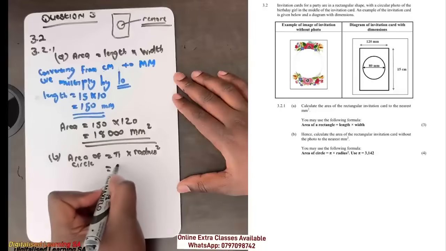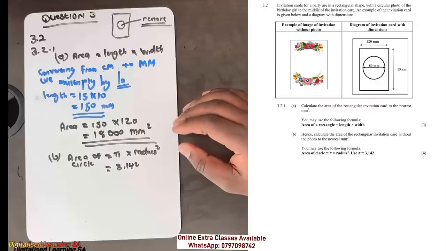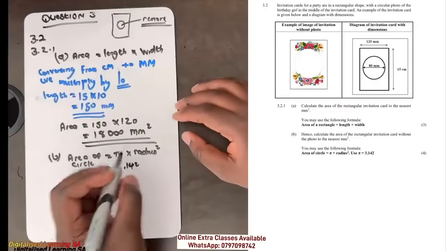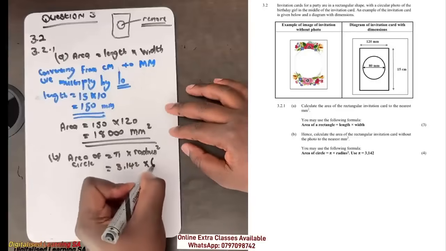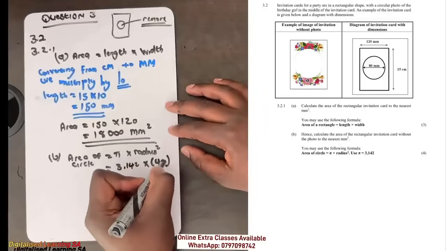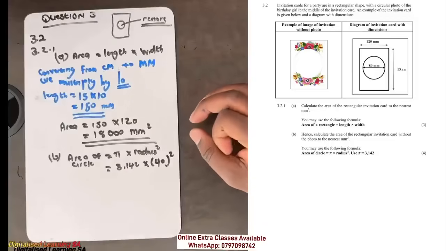Pi is given and it is 3.142, and our radius will be 40 to the power 2. You might be asking yourself, where is the 40 coming from?